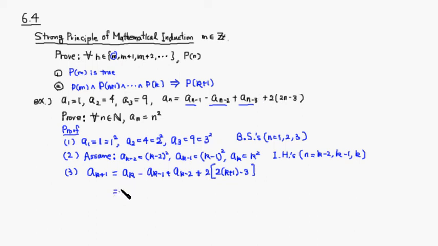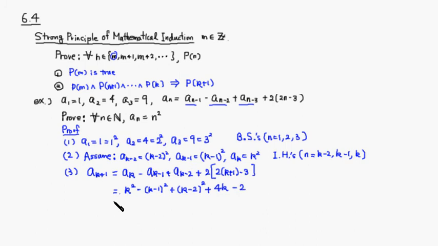According to the induction hypotheses, we know that a_k is k squared. So this is k squared minus a_(k-1), which is (k-1) squared, plus a_(k-2), which is (k-2) squared, plus, if you multiply this out, 4k, then 4 minus 6, so it's negative 2.